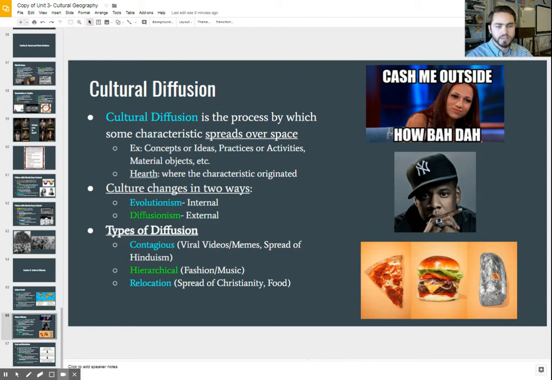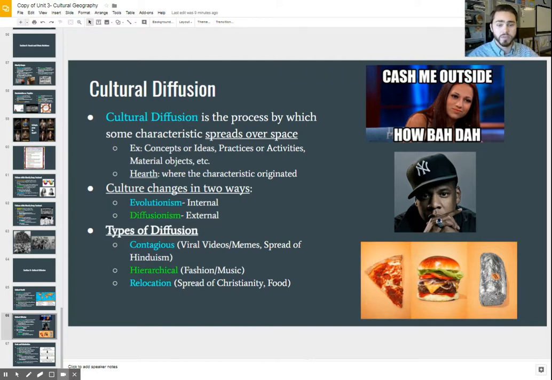Oftentimes people like to look to celebrities or people in higher social standings for cultural trends, and so they try to adopt what people of higher social status do in order to either imitate them or just be part of the mainstream culture that likes that particular cultural trait. And so hierarchical is very effective.